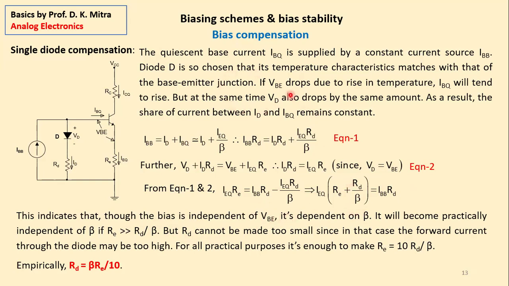So, as in our first paragraph, we have seen biasing is independent of VBE, but it is dependent on beta, right? And it will become practically independent of beta if RE is much, much more than RD by beta.